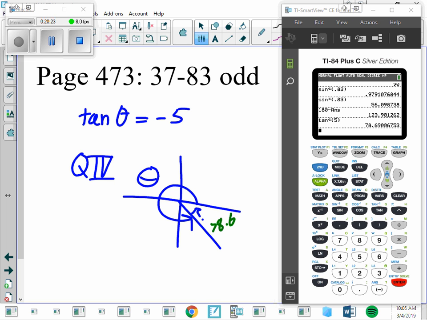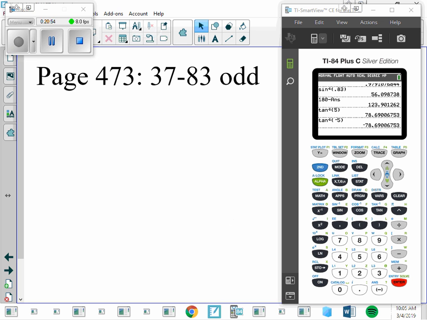You do have to do the negative. So I get 78.69 degrees, but it's in quadrant 4. So how do I find theta? 360 minus 78. Okay. All right.